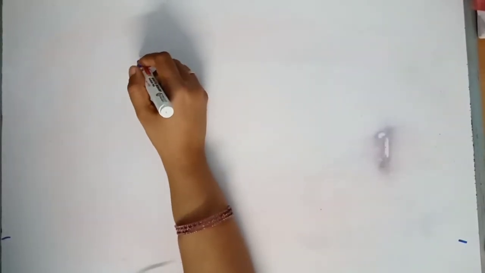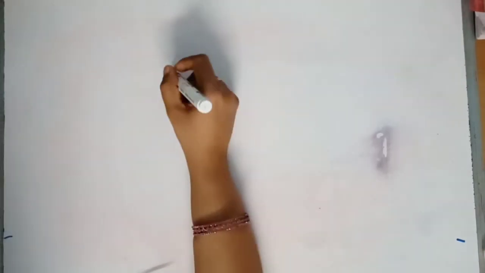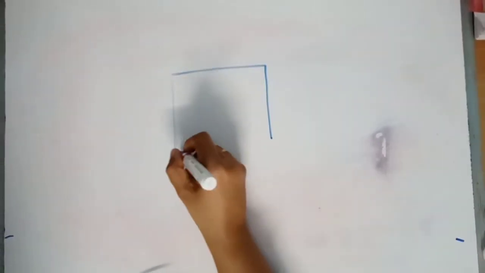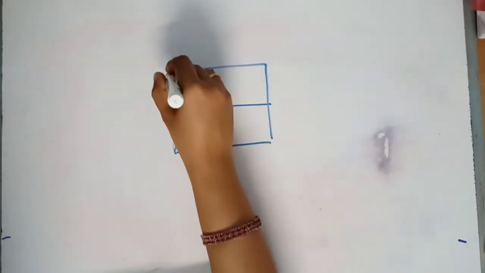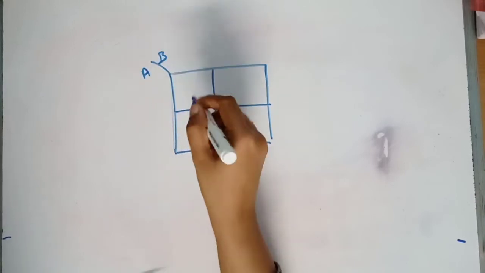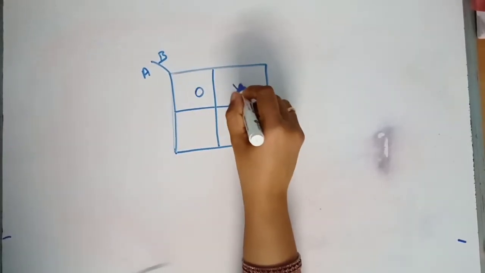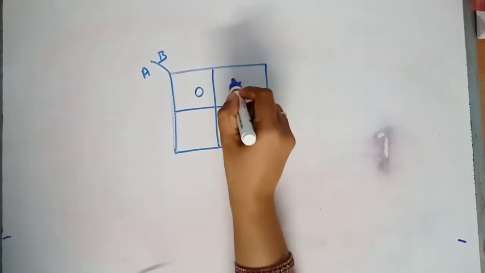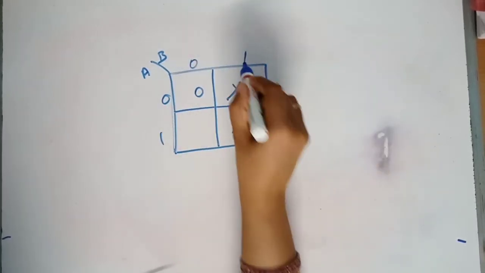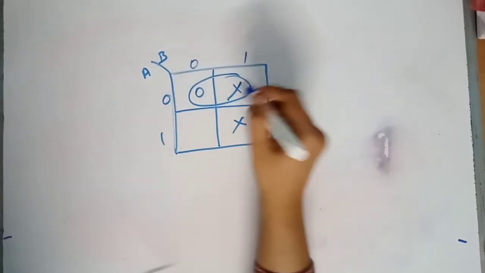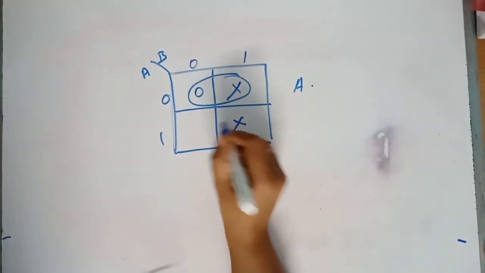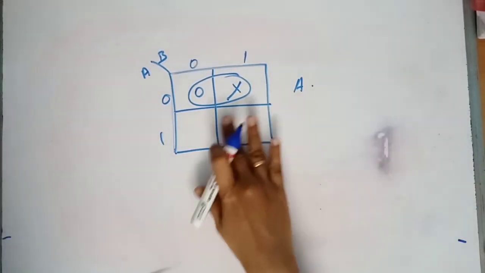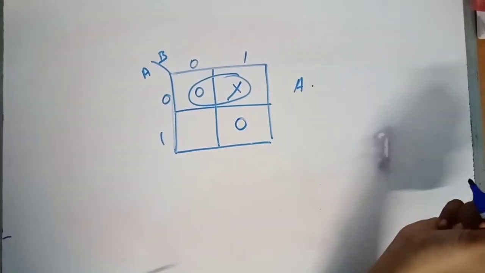Now similarly, in the case of POS also, POS rules remain the same. All the rules are the same. You just write it like a normal POS. Suppose this is 0 and this is don't care and this is don't care. You group it like this and write it as A. Suppose you have a 0 here. Then how will you do?